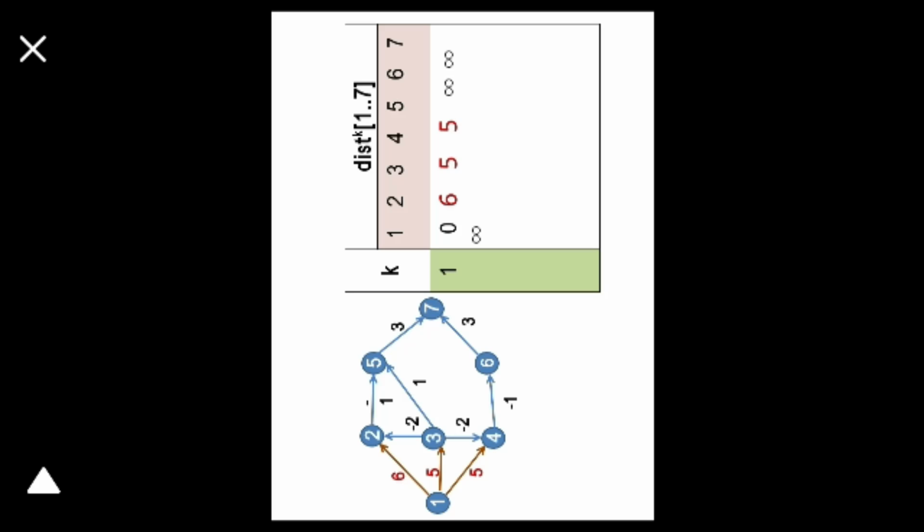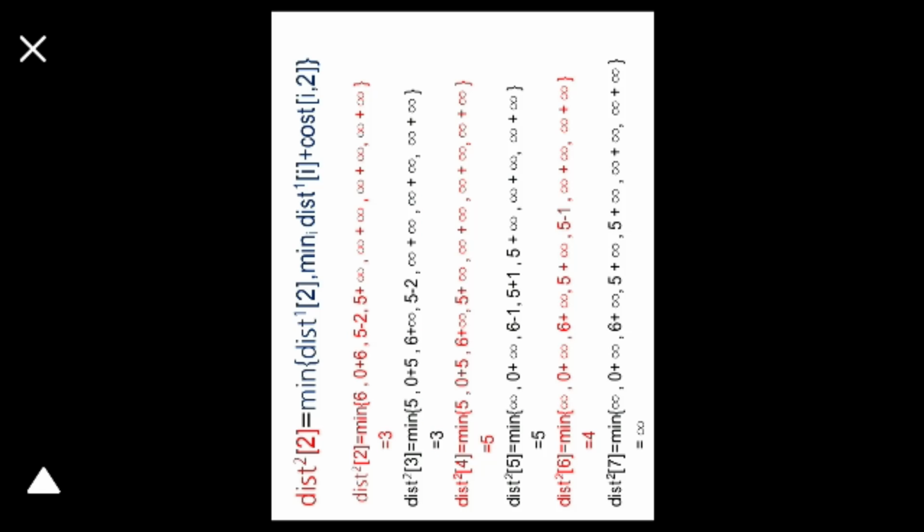So distance from source to all other vertices with one edge, that is direct edge, we have written 1 to 1 0, 1 to 2 6, 1 to 3 5, 1 to 4 5, then 1 to all other vertices it is infinity. So now we need to find distance to 2, means here distance from source to all other vertices with two edges.